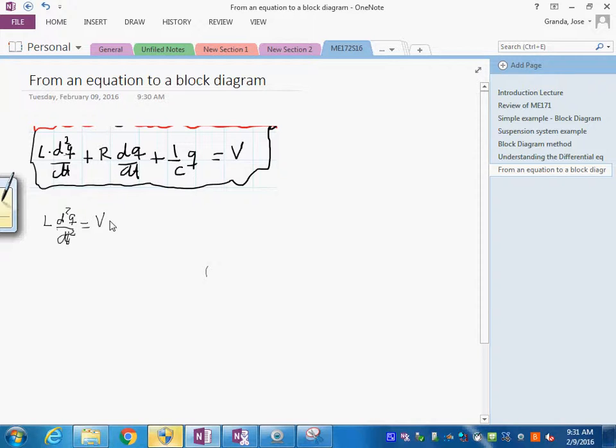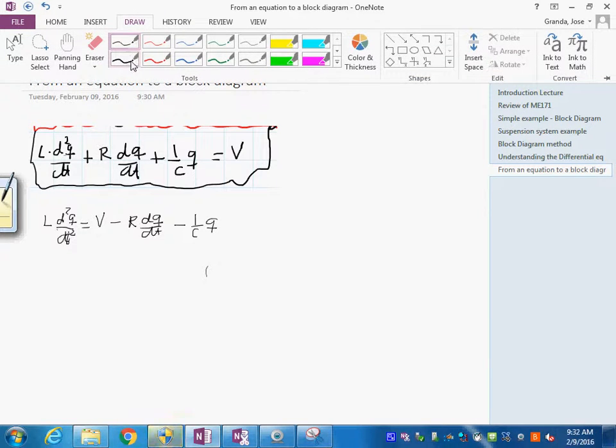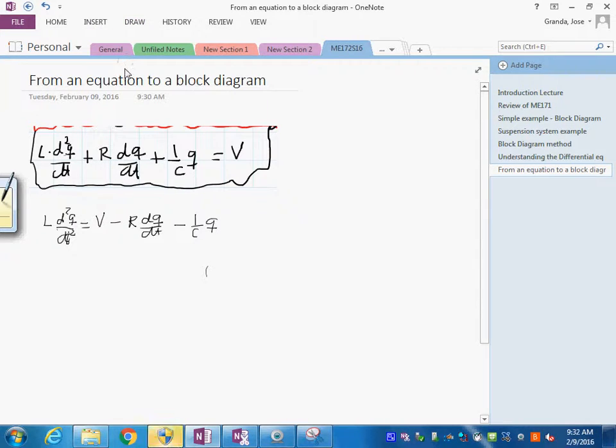In other words, this thing here is a summation point. So if you start with that, you say, okay, look, this is my summation point, and the first input block that we have is this V. This is, of course, the input here.